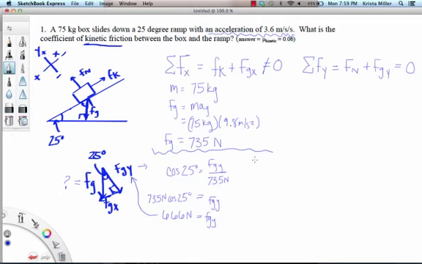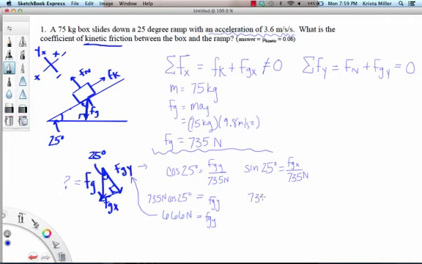We can also find force of gravity in the x direction by doing essentially the same thing, except this time instead of cosine we're using sine because it's opposite. So sine of 25 degrees equals force of gravity in the x direction over 735 newtons again.